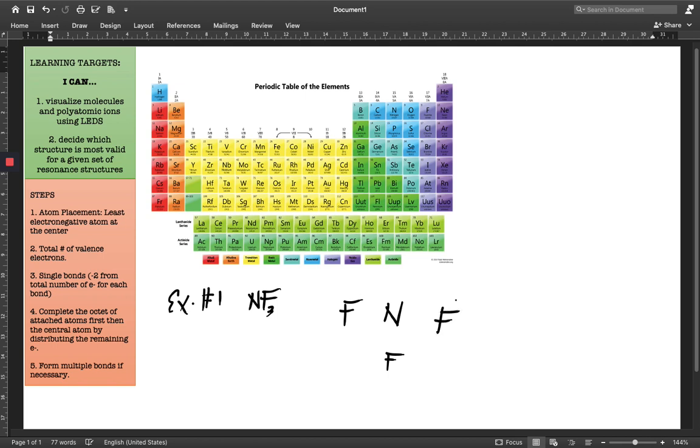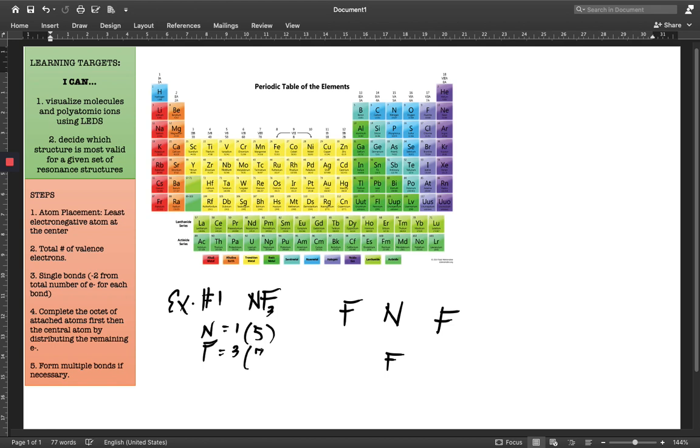Now the next step is for us to get the total number of valence electrons. So it's good if we have a listing. Nitrogen here, and then F. There is only one atom of nitrogen and there are 3 atoms of fluorine. Nitrogen, if you look at the periodic table, is found in group 5A, and therefore there are 5 valence electrons for nitrogen, while for fluorine, there are 7.